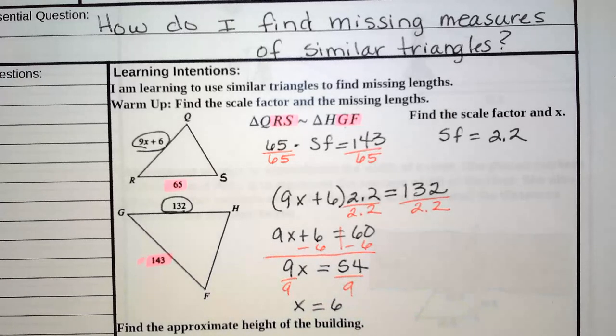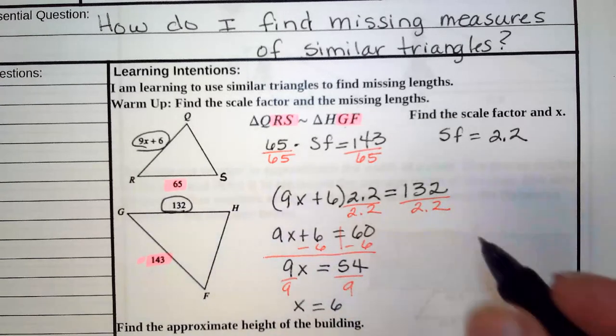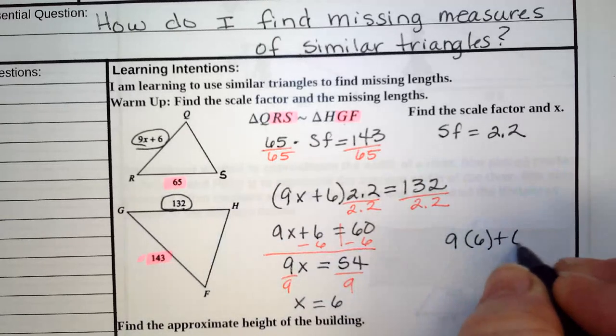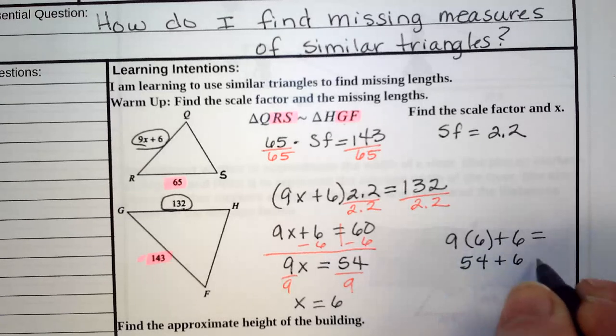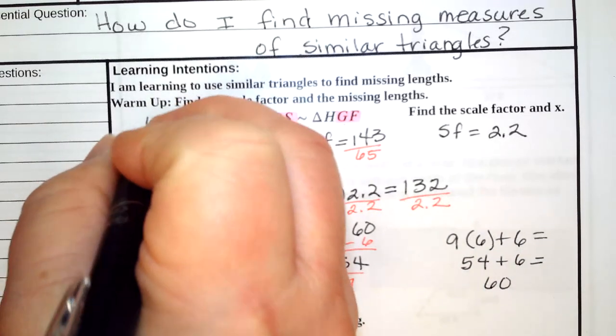So if I want to find the length of QR, all I have to do is plug this back in. 54 plus 6, which gives me 60. And this is 60 units.